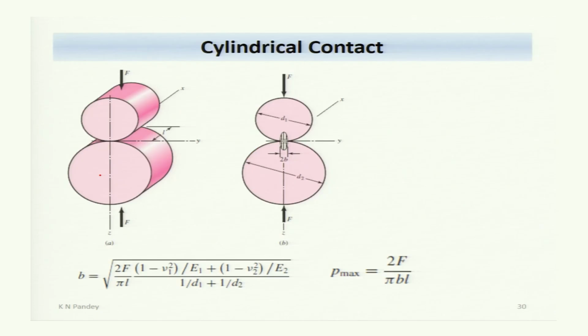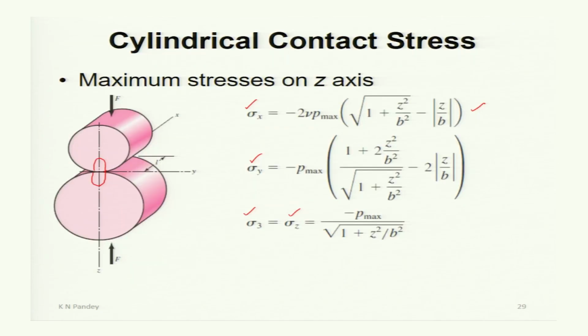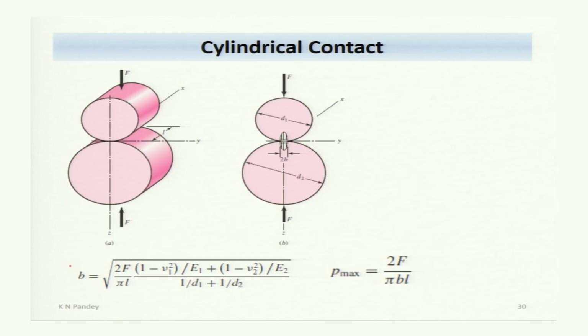Now, after substituting the value of B, 2B is given by this equation, which is equal to the square root of 2F, the force acting on it, divided by pi L times (1 minus nu1 squared) over E1 plus (1 minus nu2 squared) over E2, divided by (1 over D1 plus 1 over D2). Nu1 is the Poisson's ratio of the first cylinder, E1 is the Young's modulus of the first cylinder, nu2 is the Poisson's ratio of the second cylinder, and E2 is the Young's modulus of the second cylinder. D1 is the diameter of the first cylinder, and D2 is the diameter of the second cylinder.